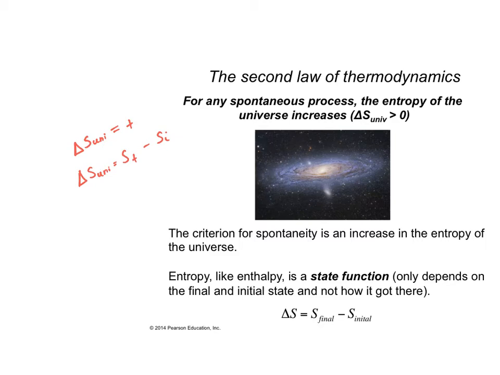Final always has to be greater, right? So another way that you can formulate the second law of thermodynamics is that entropy is tending towards a maximum value, okay?